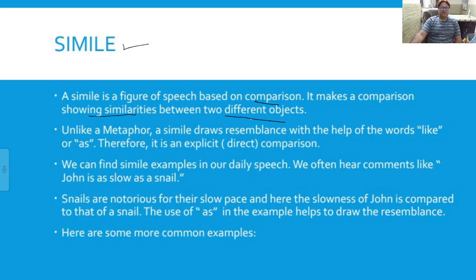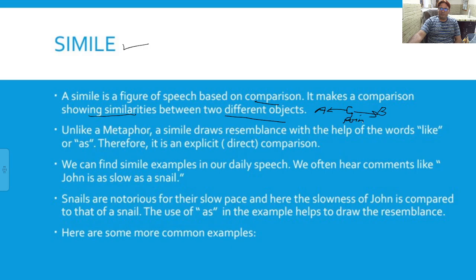Two different objects. Okay, now that means object A, object B. If you look at them outwardly, they are different, poles apart. Okay, but there is always a C element which is shared by both equally, and this becomes the point of comparison.